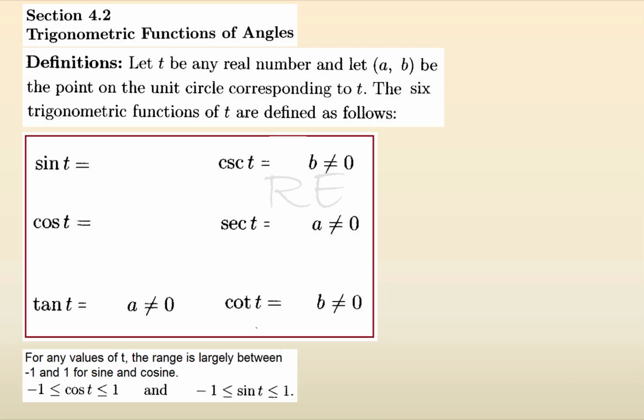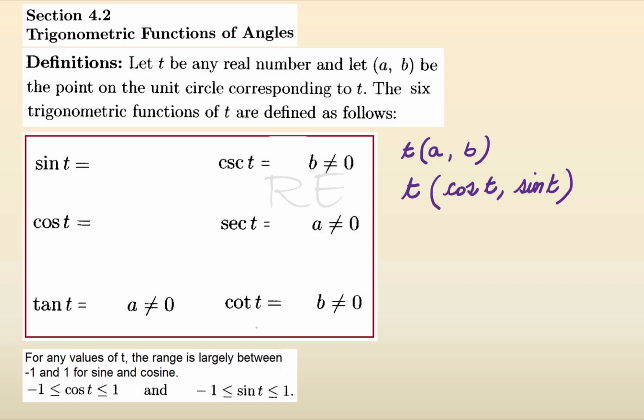Trigonometric functions of angles. T is any real number and (A, B) a point on the unit circle corresponding to T. So the point (A, B) is really (cosine T, sine T).